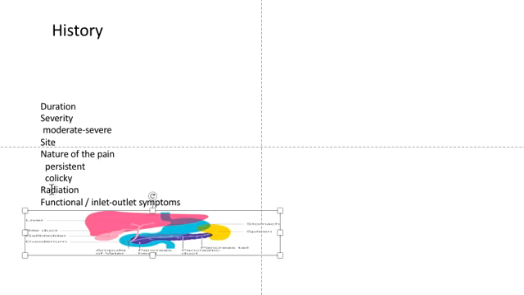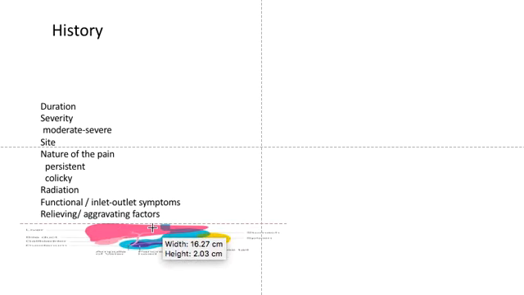And then radiations, because there are typical radiations like in pancreatitis or biliary colic or ureteric colic, they will help you to clinch the diagnosis. Relieving and aggravating factors also will help, like bending forwards relieves pain in acute pancreatitis.